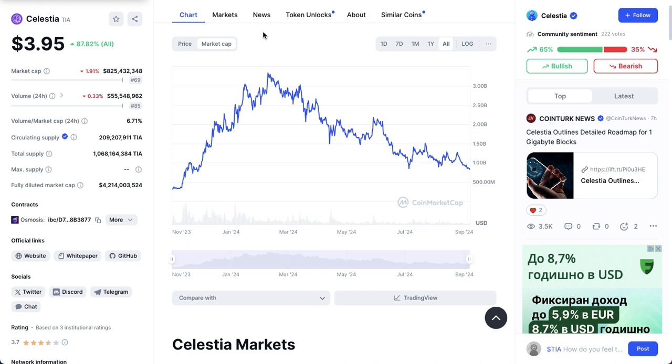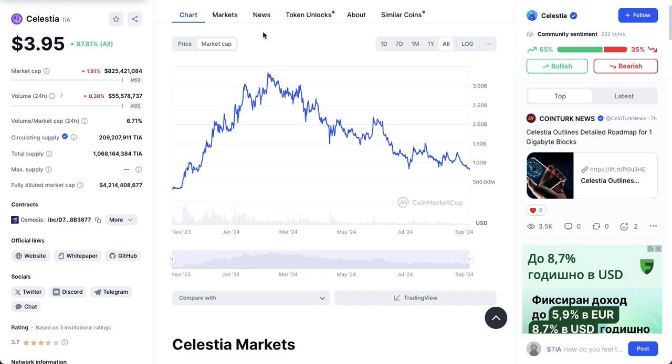Since this is the first bull market that Celestia is playing in, we have to take other chains into consideration and how they performed in the previous bull market, such as Solana, Cardano, BNB. The three of them basically reached a market capitalization of over 100 billion.